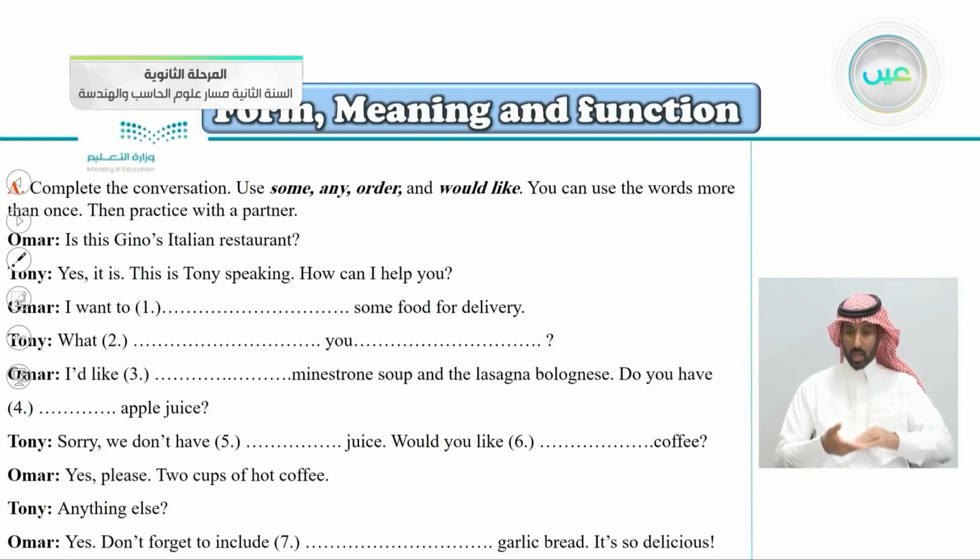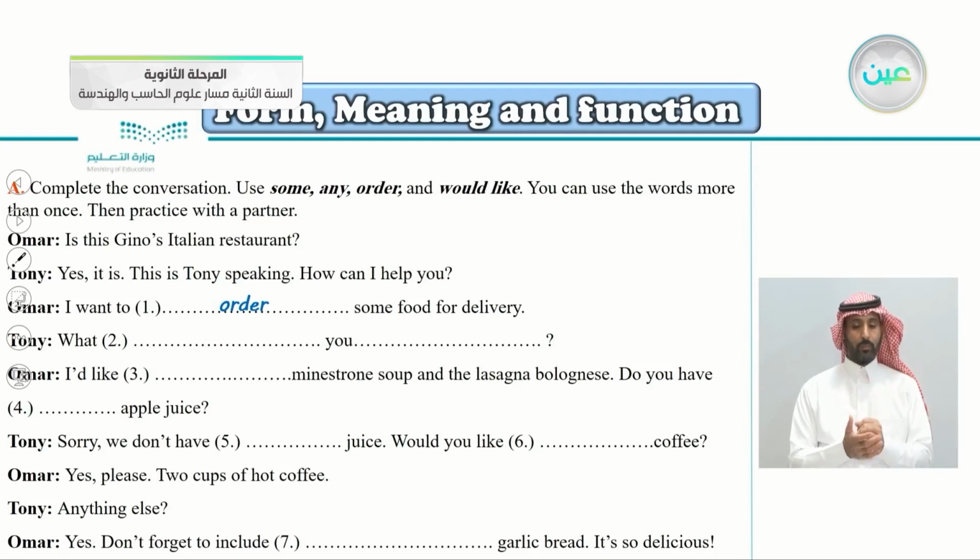Umar, I want to some food for delivery. I want to, this is an affirmative sentence here. There's no question mark here or nothing negative here. So I want to, yes, order some food for delivery. Tony, what would you like?